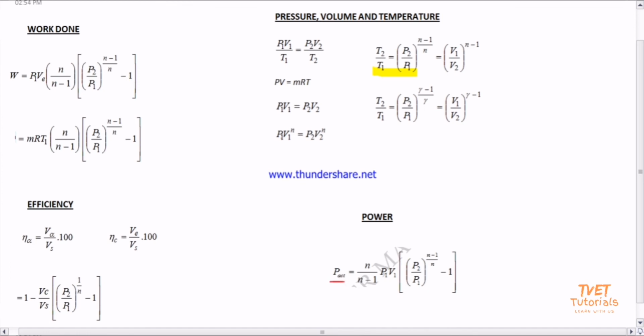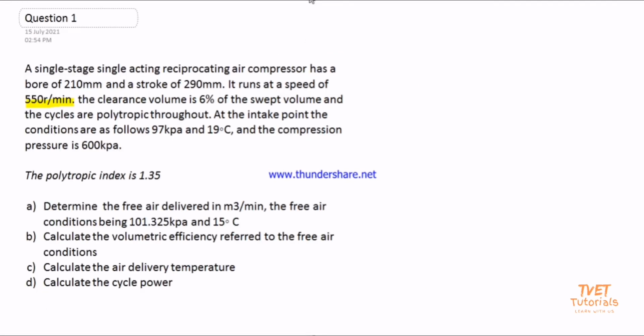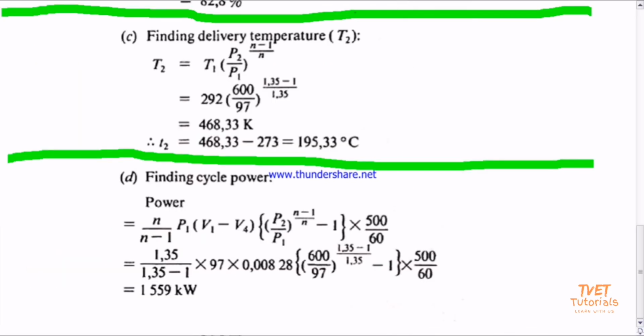This is the actual power, but the question requested us to calculate the cycle power. So pay attention to that. The cycle power means power per minute or per cycle completed.